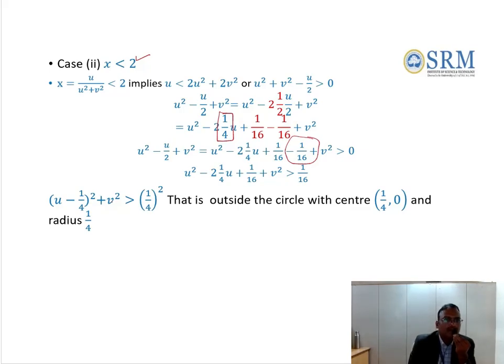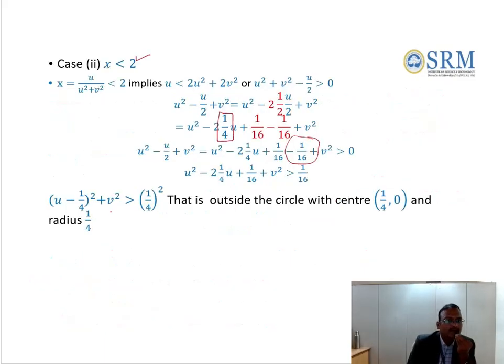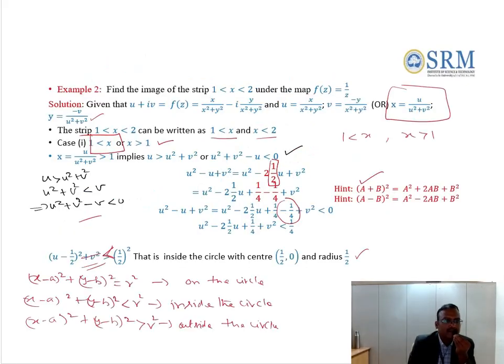Now by using the above second hint, we are rewriting the first 3 terms as u minus 1 by 4 the whole square plus v square, which is strictly greater than 1 by 4 whole square, right? Already we have seen x minus a the whole square plus y minus b the whole square, which is strictly greater than r square, means outside the circle.